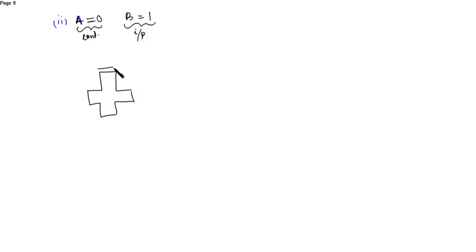The second condition is A is equal to 0, B is equal to 1. You have to keep in mind A is the control signal and B is the input. So once again draw the transmission gate. So this is the PMOS, this is the NMOS. PMOS, this is the NMOS.